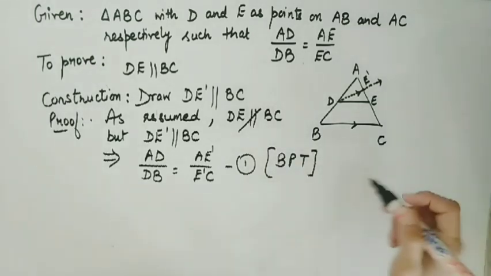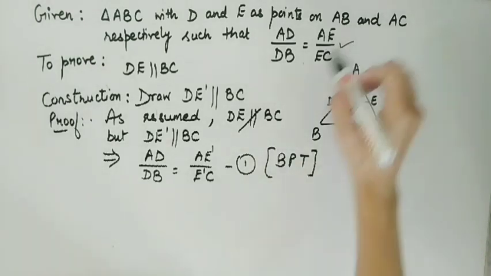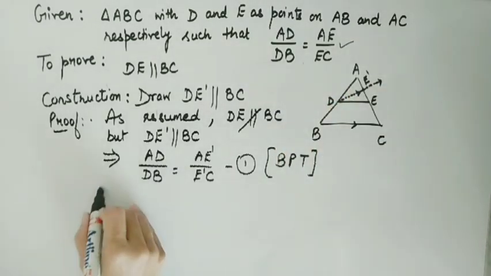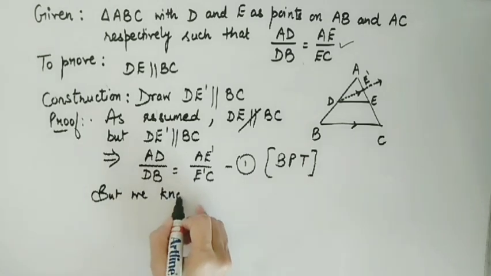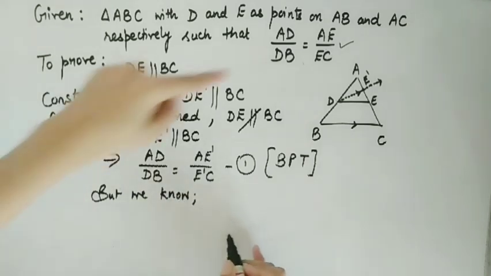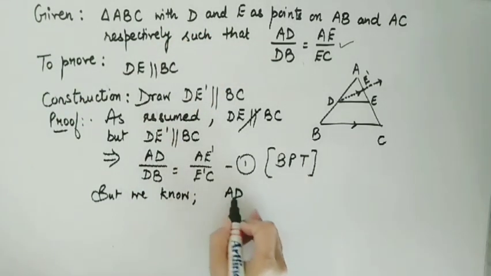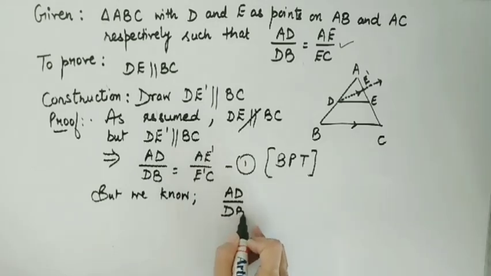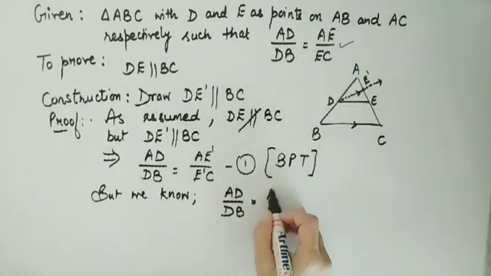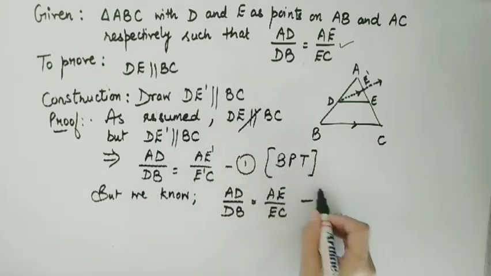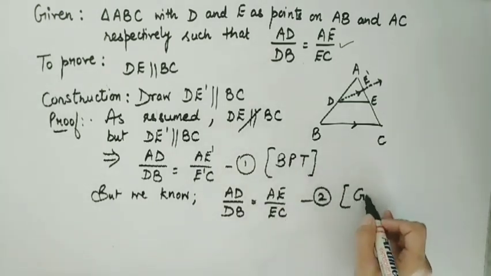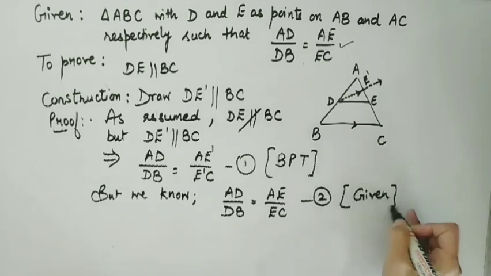Now, but the information which is given to us says, but we know, what do we know? That AD by DB is actually equal to AE by EC. This is equation 2 and this information is given.